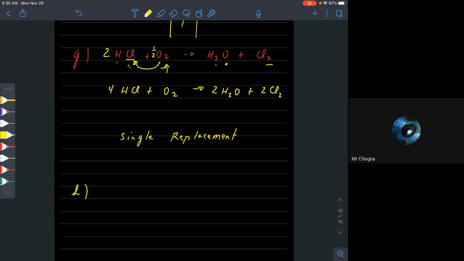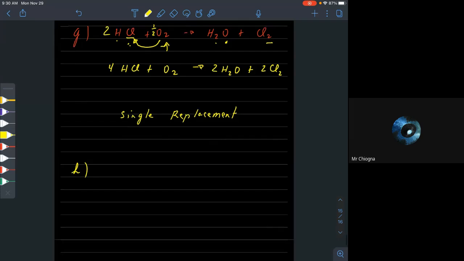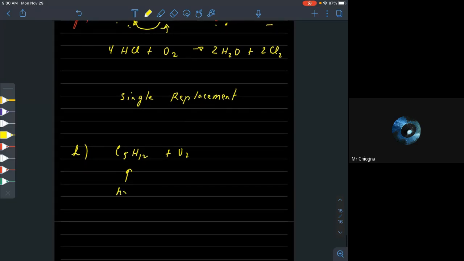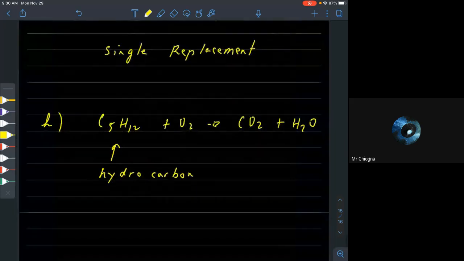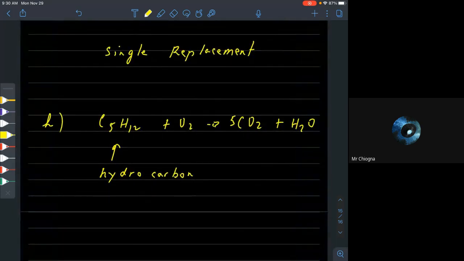H. Combustion. Right away, I can see what it is. This is a hydrocarbon. Got only carbon and hydrogen. What are the products? Always carbon dioxide plus water. Always the same. Is it balanced? No. Okay. Didn't want to spend too much time on balancing, but 5.